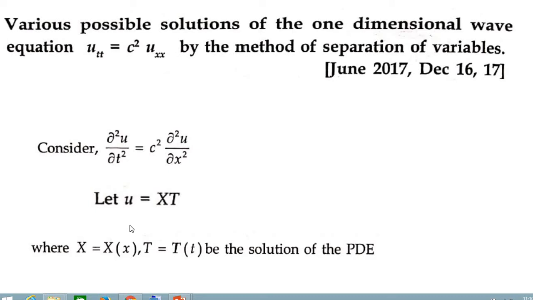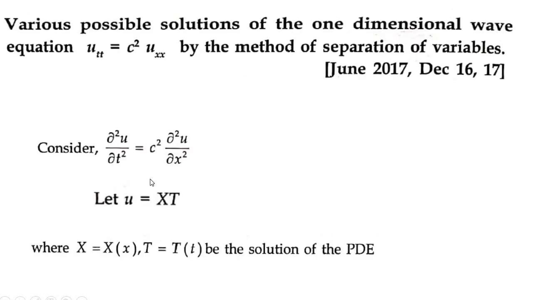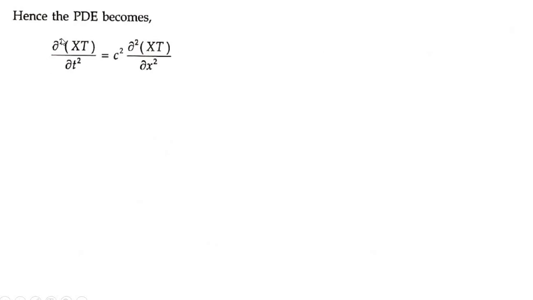Next, the partial differential equation becomes, just substitute whatever you have considered, u equal to X into T. So when you replace u with X into T, what do you get? ∂²(X T)/∂t² equal to c² into ∂²(X T)/∂x².